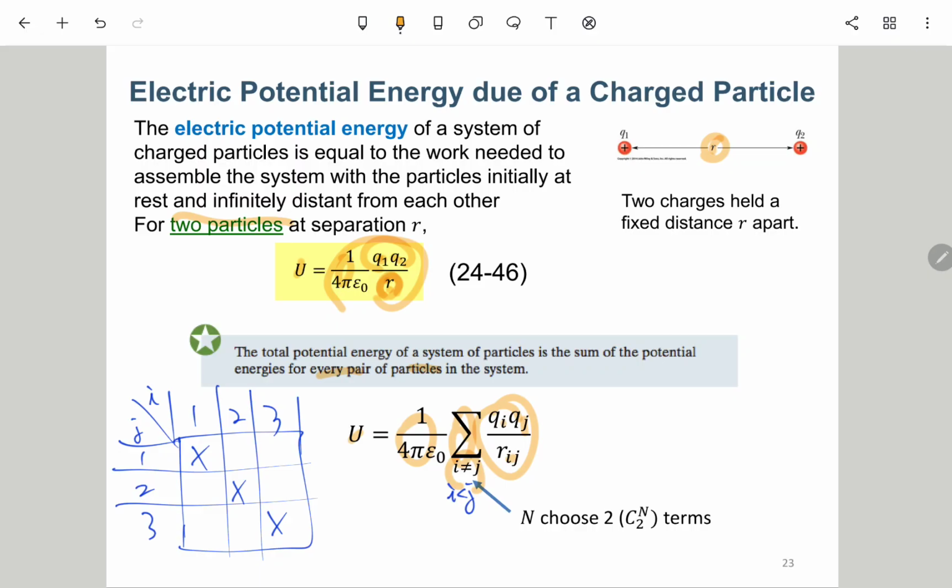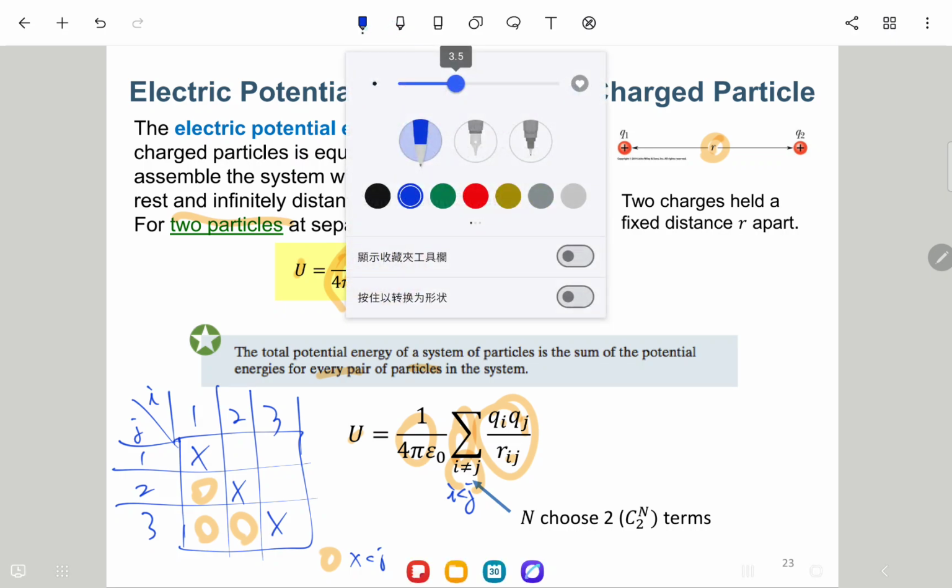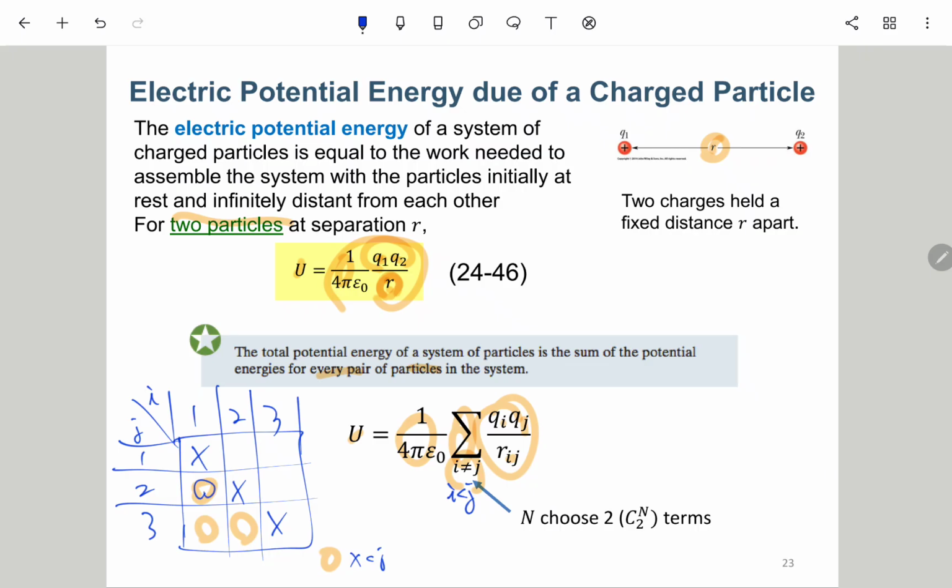If i is smaller than j, then we have these terms, because this one and this one should be the same, and this one and this one should be the same, and this one and this one should be the same.